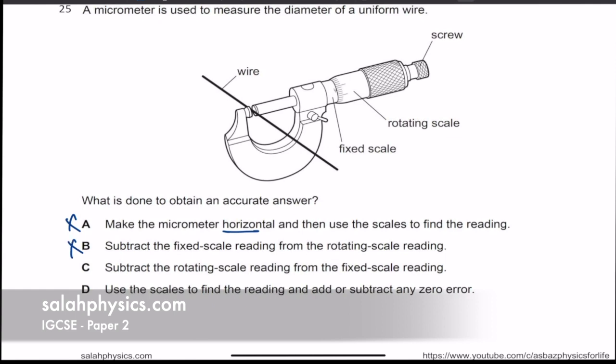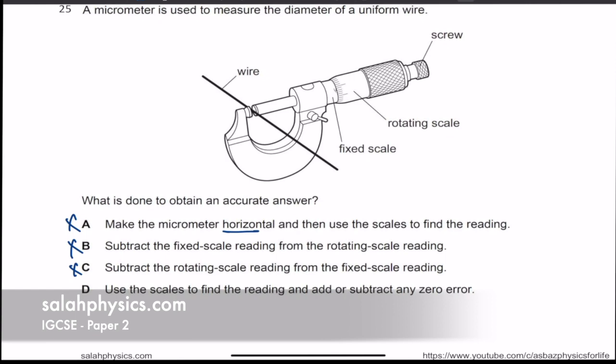Actually, this is not right. We said in some videos before how to take the reading through a micrometer. Please see this video. To subtract the fixed scale is not an option at all. For C, subtract the rotating scale reading from the fixed scale reading. Actually, this is not even correct.